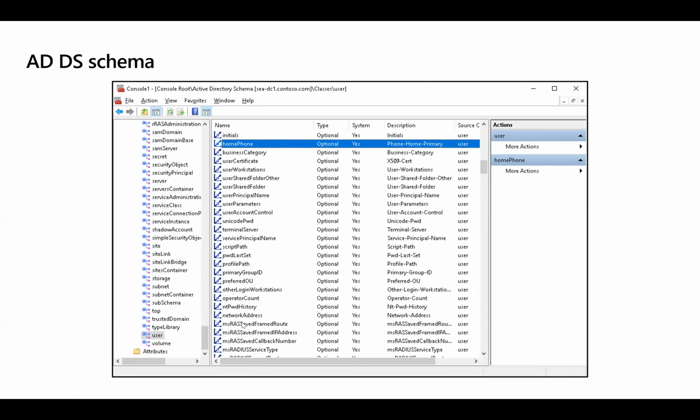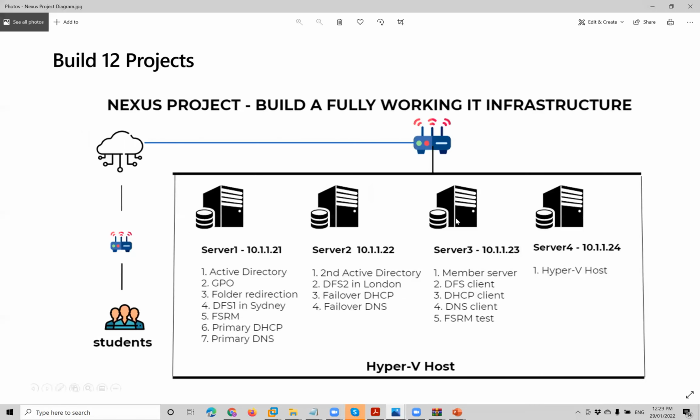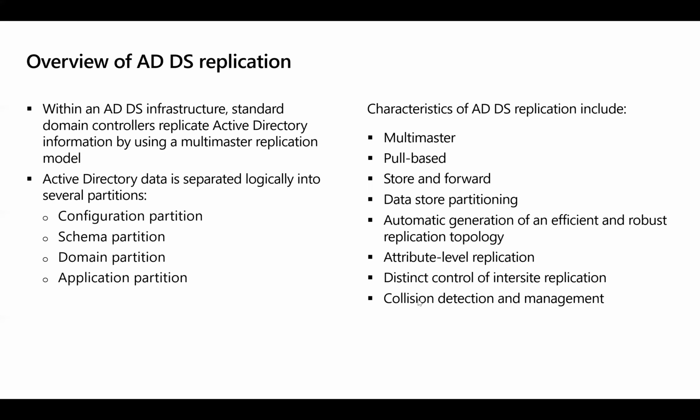That means they will copy the telephone number, only this one, but not all attributes. Okay, specific attribute level. And then there's distinct control of inter-site replication. Let's say you have another site. You want to replicate to an external site. You can do so, no, by setting up a trust relationship.